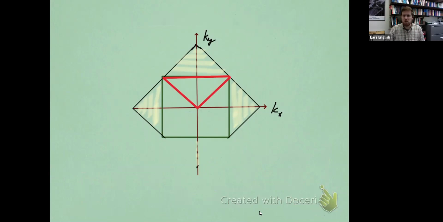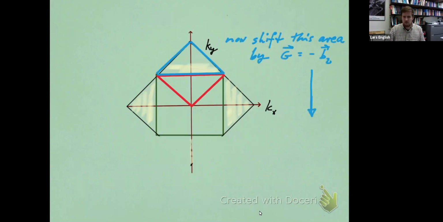Okay, so why stop there? Now let's tackle the next triangle. We want to shift that into the reduced zone as well. And it's clear here we're going to use the reciprocal lattice vector that's pointing down, right? It will shift this vertex of the triangle to the origin, and these two vertices down to here, right?